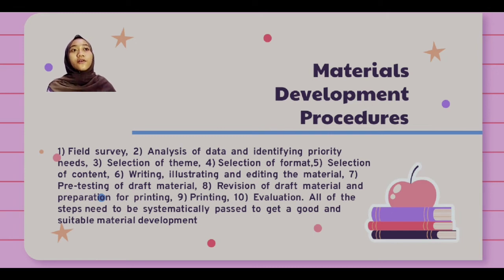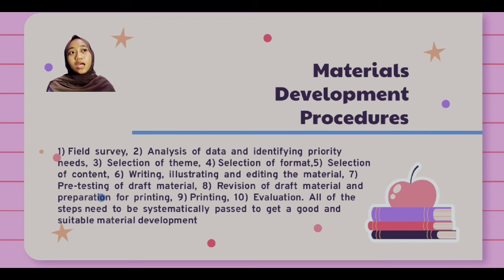Specifically, the steps of developing materials are: first is field survey, and the second is analysis of data and identifying priority needs. The third is selection of theme, and the fourth is selection of format. The fifth is selection of content. The sixth is writing, illustrating, and editing the material.